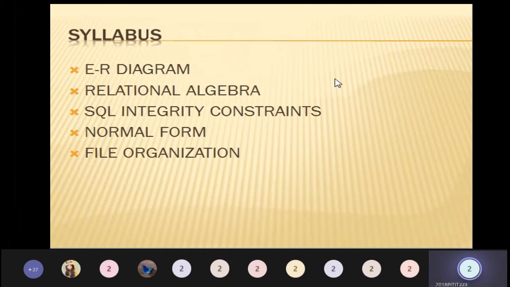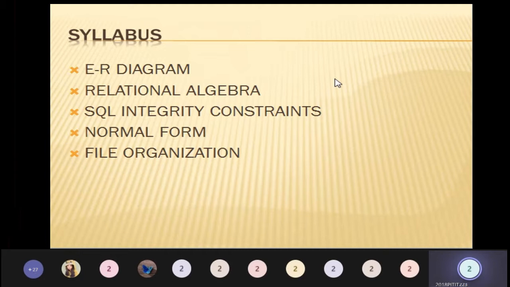In the database management system, the syllabus is covered by ER diagram, relational algebra, SQL, integrity constraints, normal form, and the last one is file organizations.